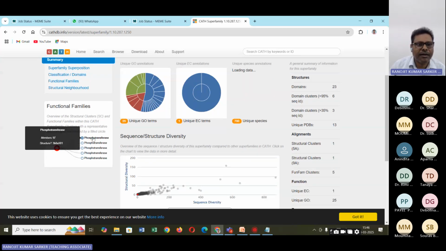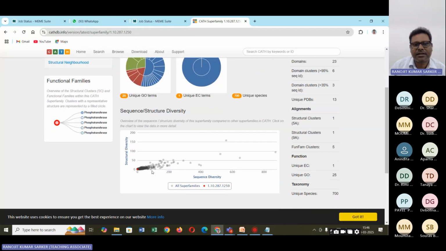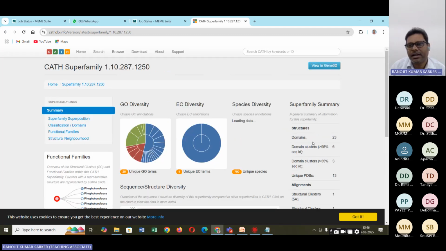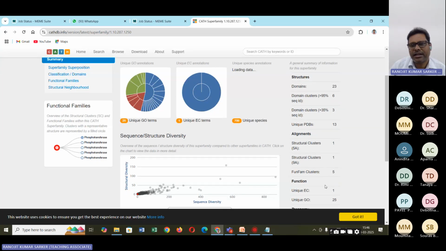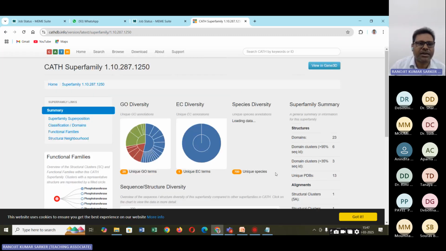They have so many superfamilies, functional families. And these are the sequence diversity. Now there are 23 domains in hexokinase. These are the alignment cluster information.